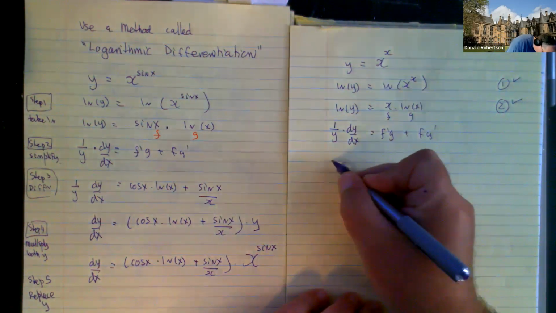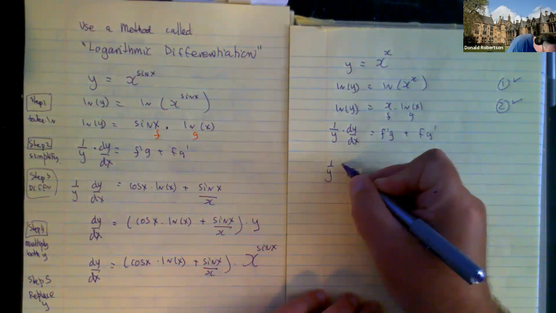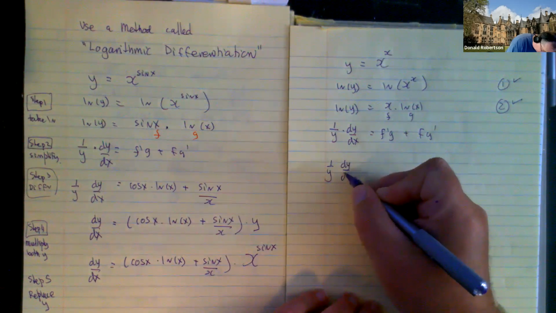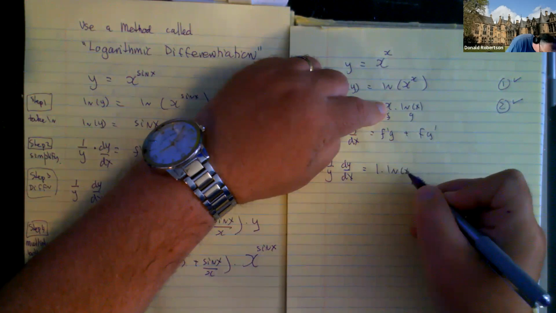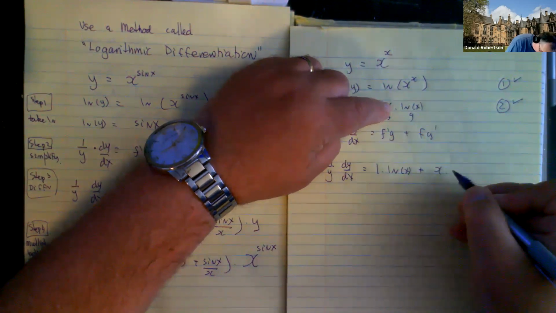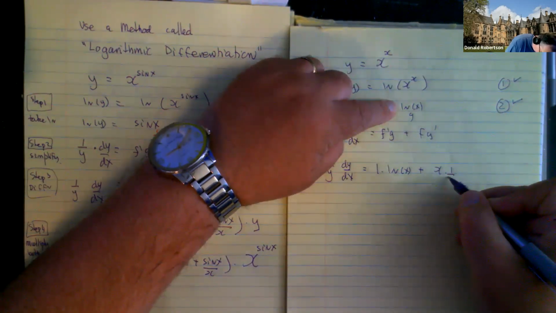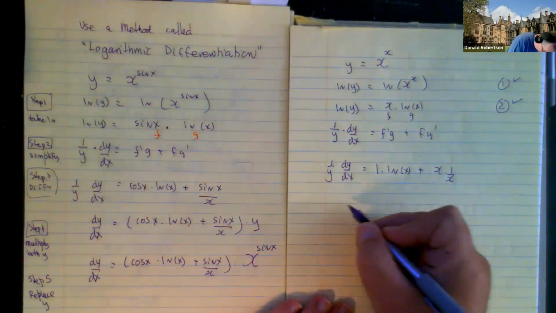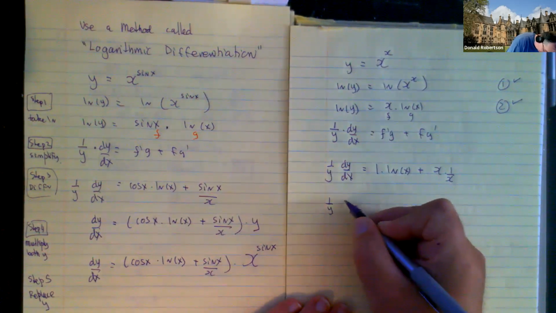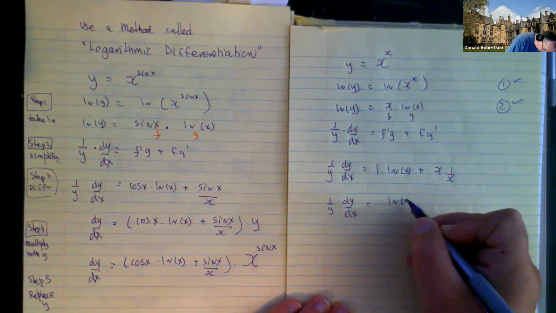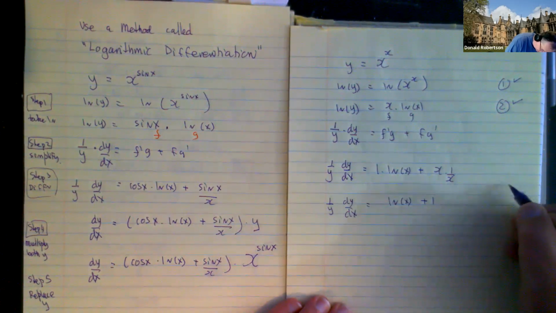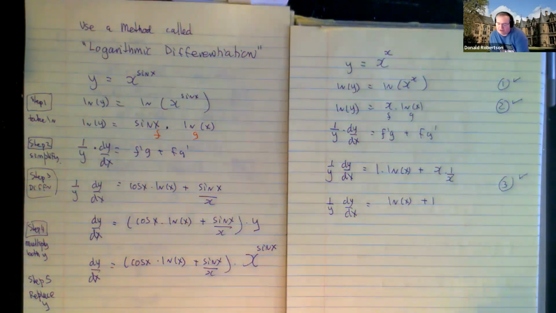And so we have 1 over y dy by dx is equal to 1 times the natural log of x plus x times the derivative of that guy, which is 1 over x. So after a little bit of tidying up, when we finish differentiation, we're left with that. So there's step three, check, differentiated.